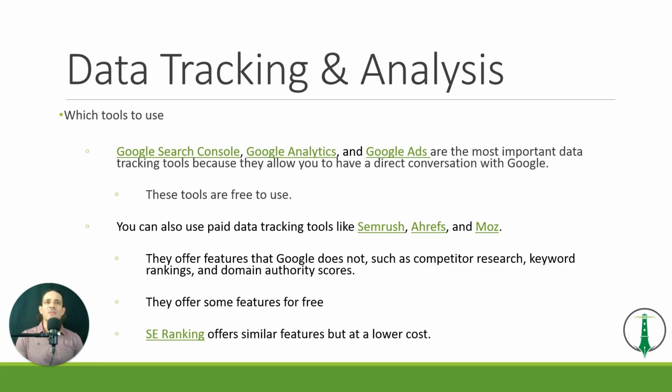However, they are expensive. If you want a less expensive option, SE Ranking offers a lot of the same tools at a much lower price. And all of these programs that I just mentioned offer some limited tools for free. So those free tools are worth checking out. And there's links to all of those right here in the slides.